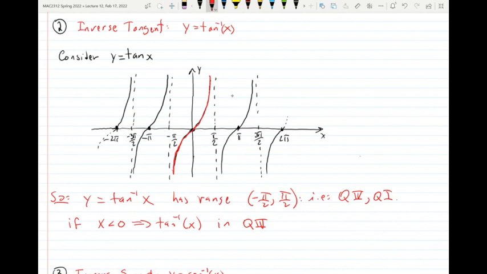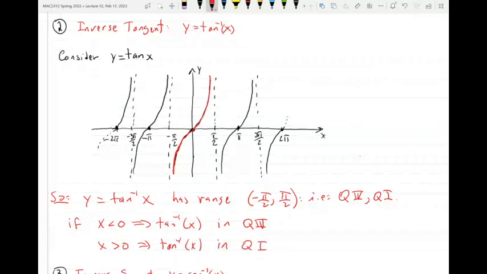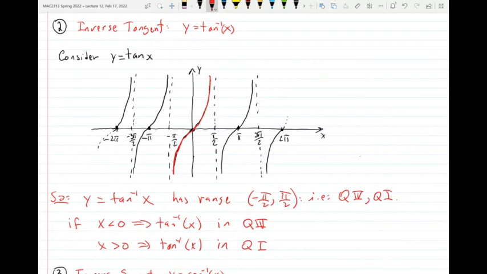And if x is positive, then the inverse tangent of x is going to be an angle in quadrant 1, so from 0 to pi over 2. Let me specify this more. When x is negative, the inverse tangent of x is an angle between negative pi over 2 and 0. And quadrant 1 means it's greater than 0 but less than pi over 2.